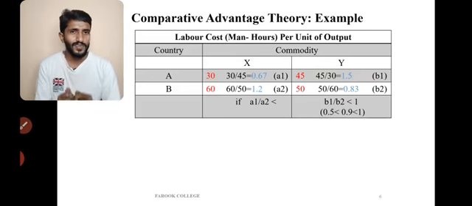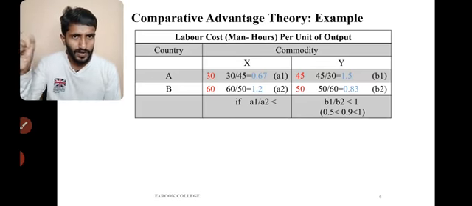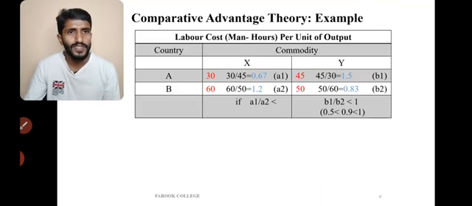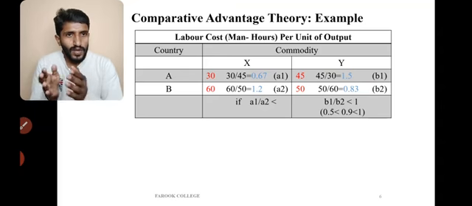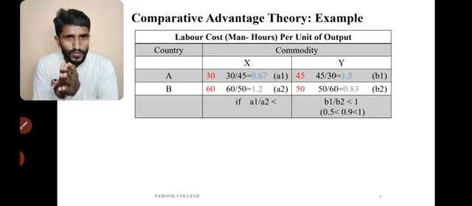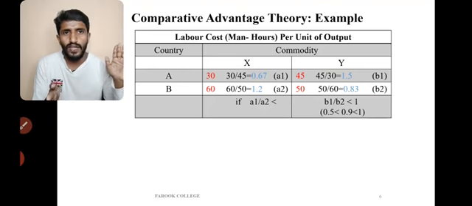Then we already explained the theory, but we will explain it with an example. The cost of one product or commodity is measured on the basis of labor cost.